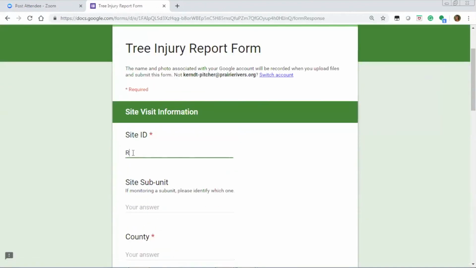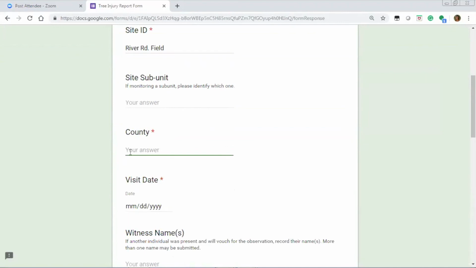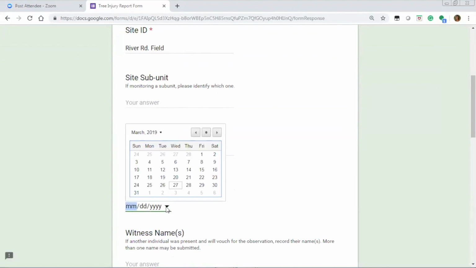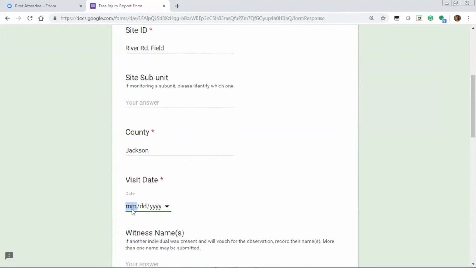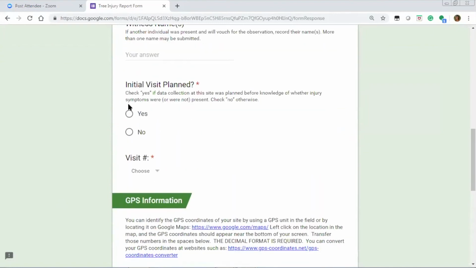The site name is River Road Field. There is no subunit listed. The site is located in Jackson County. I have a pull-down menu here for the date. I'm just going to go ahead and type it in, 06/21/2018. No witness was listed. This initial visit was not planned.